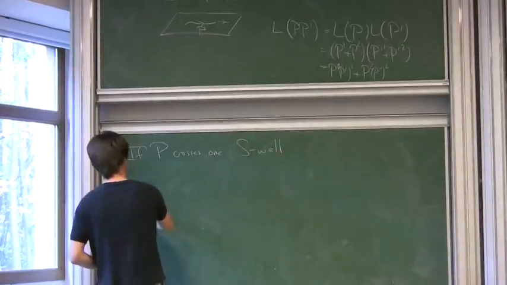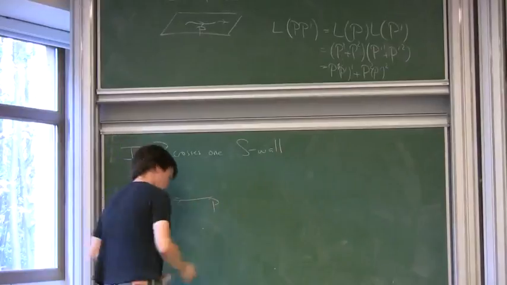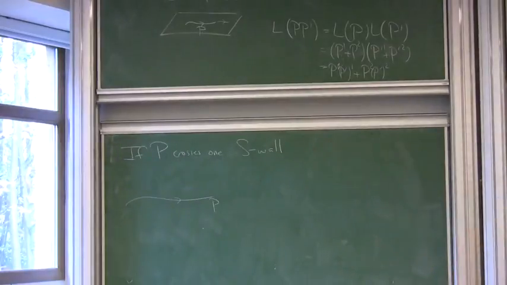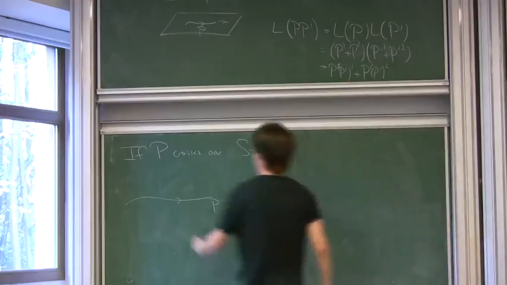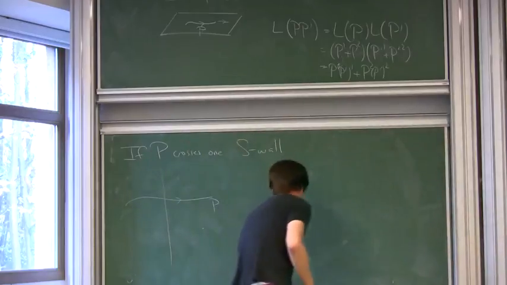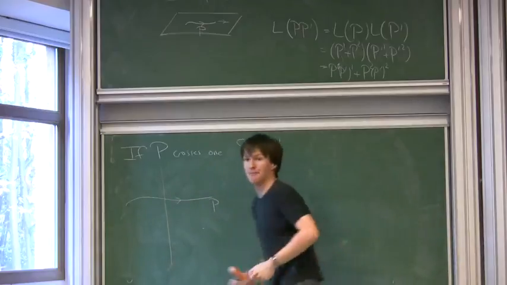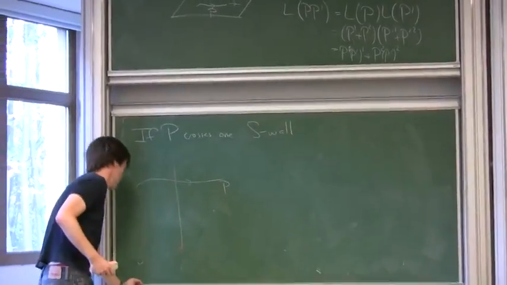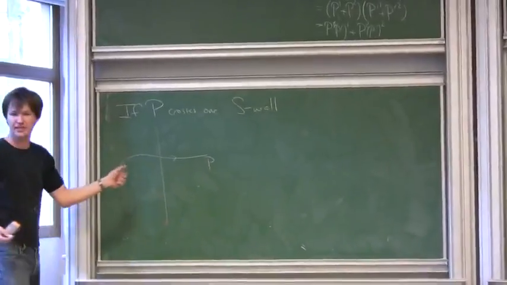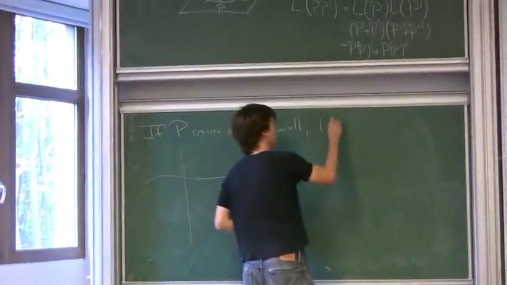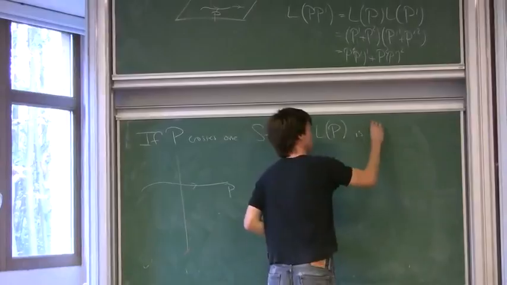Now the picture is, here's my path P, here's an S-wall. It came out of some branch point, but that branch point might be very far away. It might be closer, it might be far away. If P crosses one S-wall like this, then L of P is going to be the sum.